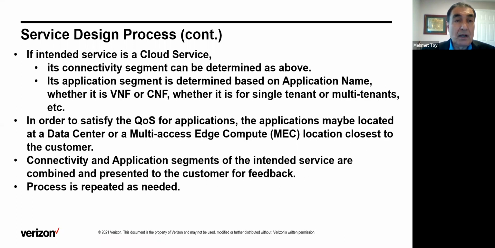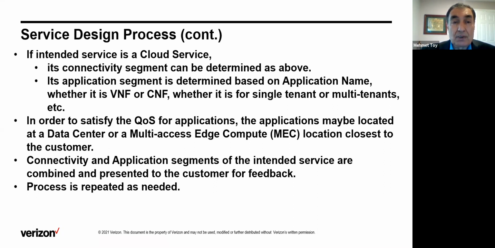Now, if it is a cloud service, in addition to what I have done for the connectivity services, for the application segment, after the application name, I decide whether it is a VNF or CNF, or simply an application that doesn't follow the ETSI standards at all. From there, I need to determine whether the customer is requesting single tenant or multi-tenancy.